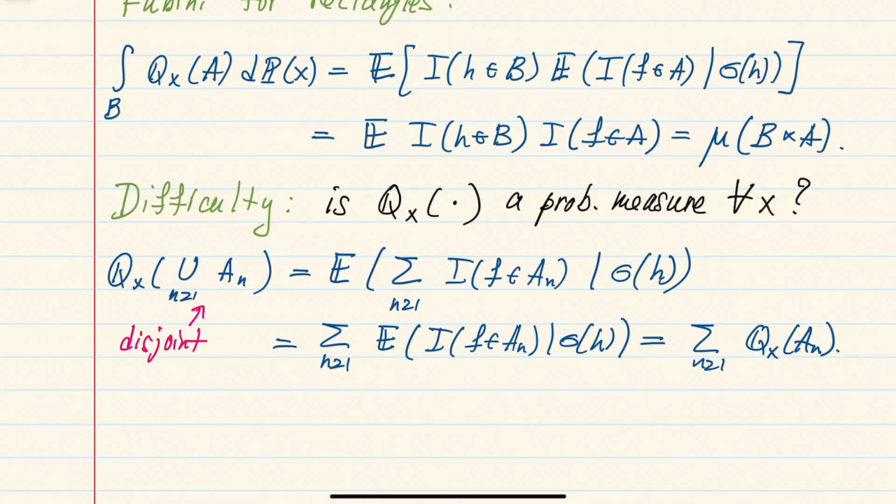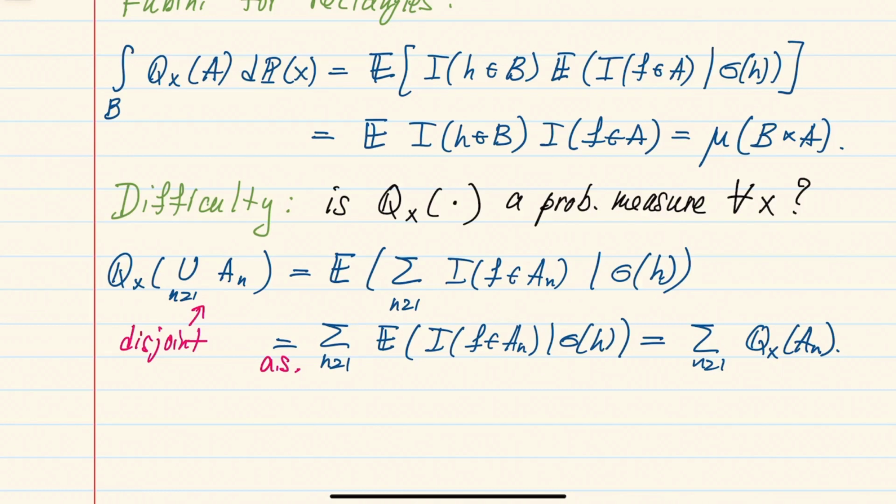However, the problem here is that conditional expectations are defined up to some set of measure 0. So in particular, this linearity of conditional expectation is only true almost surely. So there could be exceptional set of points where this equality is violated, right? It's of measure 0, but still for some x's this might not be equality.